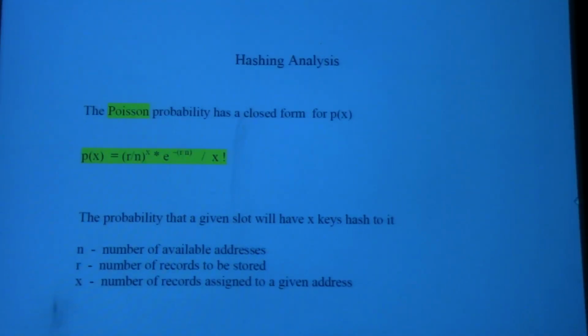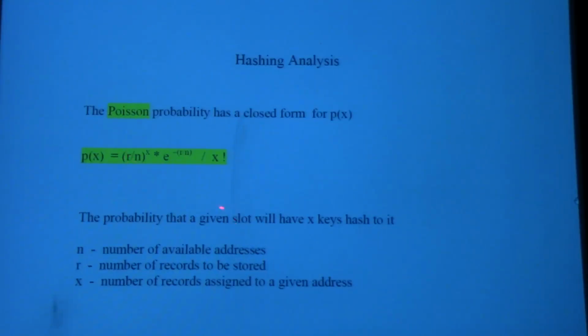If you have, for example, 1,000 slots and 500 records, what's your packing density? 50%. So R over n is going to be 0.5.